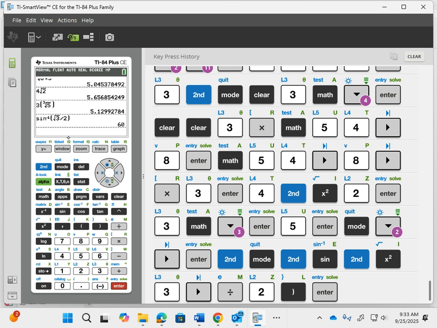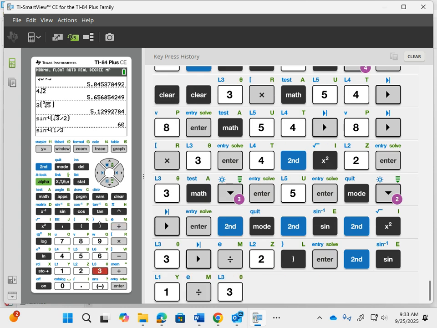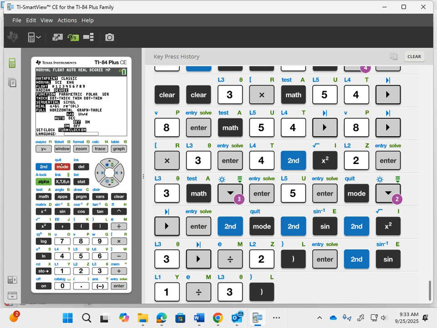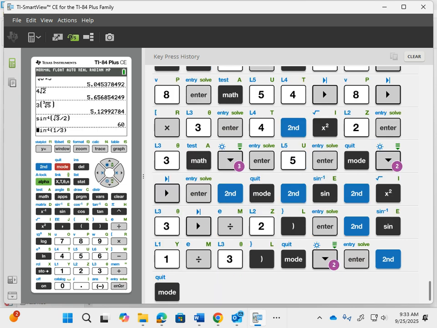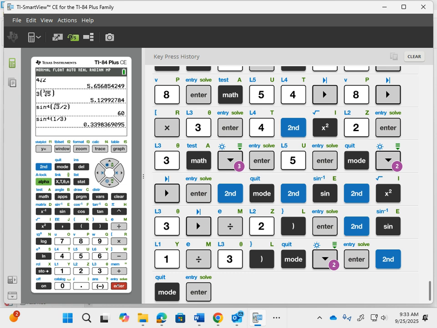So here, we need to find our reference angle by going sine inverse of positive 1 divided by 3. Reference angles are always positive. Make sure that our mode is in radians. And I get 0.340, right? Rounded to 3 decimal places.